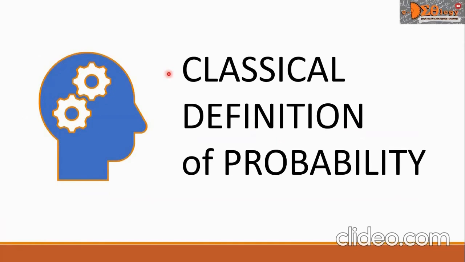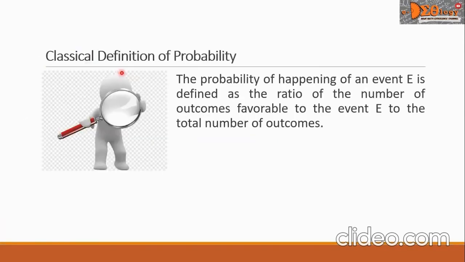Hi everyone, today we're going to study the classical definition of probability. The probability of happening of an event E is defined as the ratio of the number of outcomes favorable to the event E to the total number of outcomes.